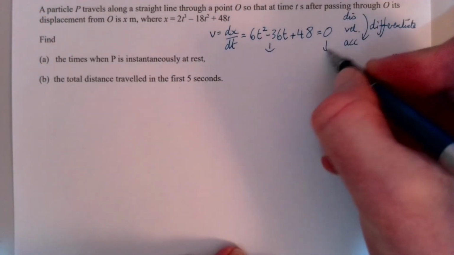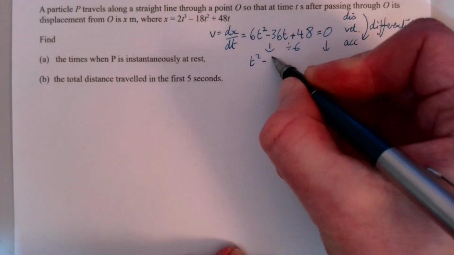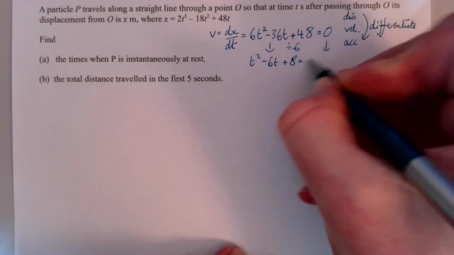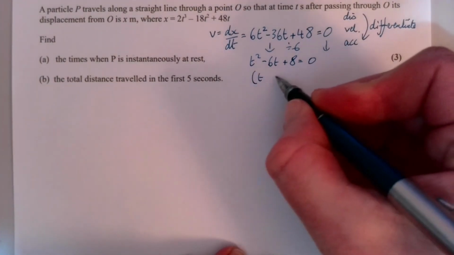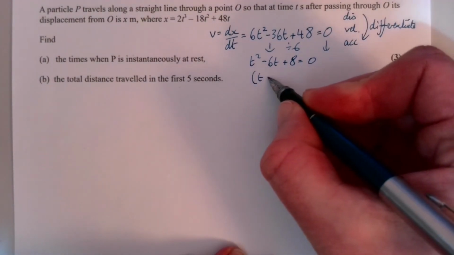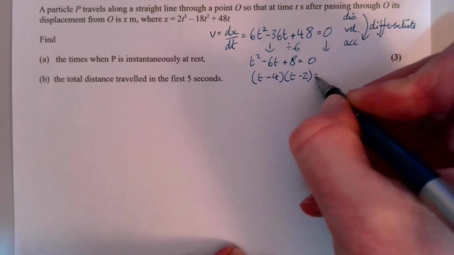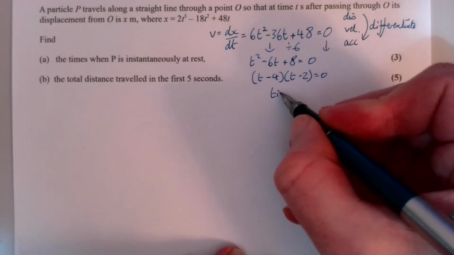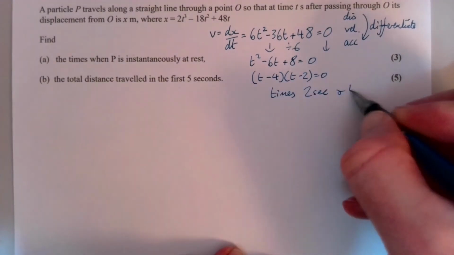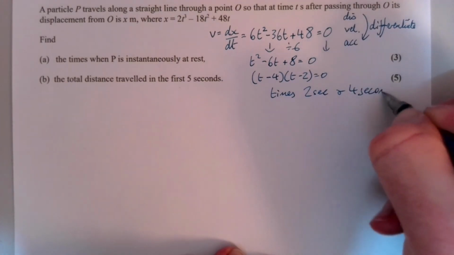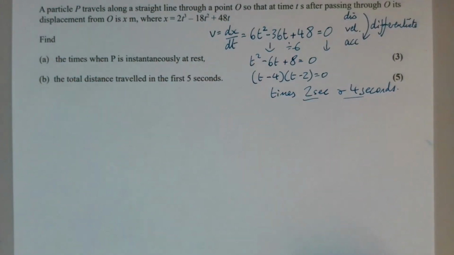If I divide everything by 6, we get a simpler quadratic, and then if I factorize that, we've got 4 twos are 8, aren't they? So t minus 4 and t minus 2, so t equals 2 seconds and 4 seconds. So that's the first part done.